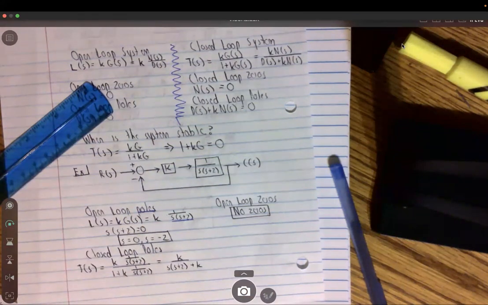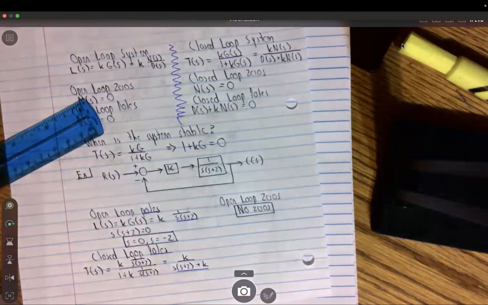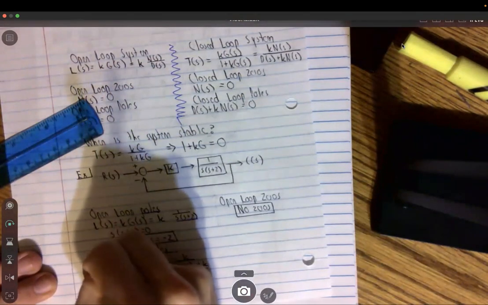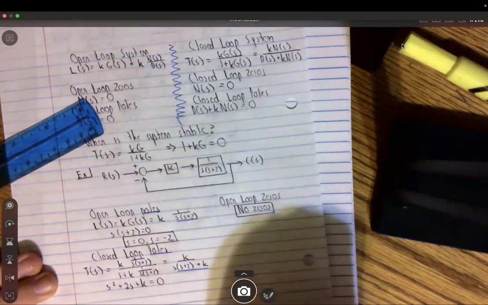And so for poles, remember that refers to the denominator here. Our closed loop poles, we're going to have to look at this denominator value. So s squared plus 2s plus k is going to equal 0.